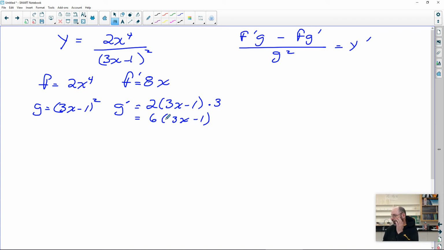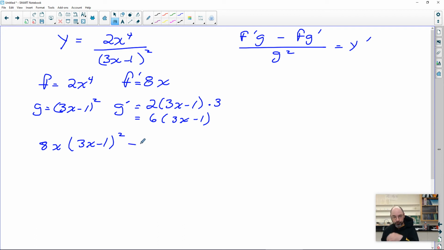Okay, so let's do our quotient rule. f prime 8x times 3x minus 1 squared.